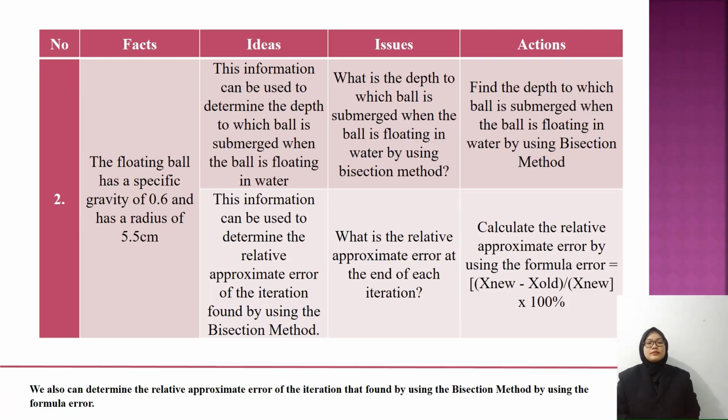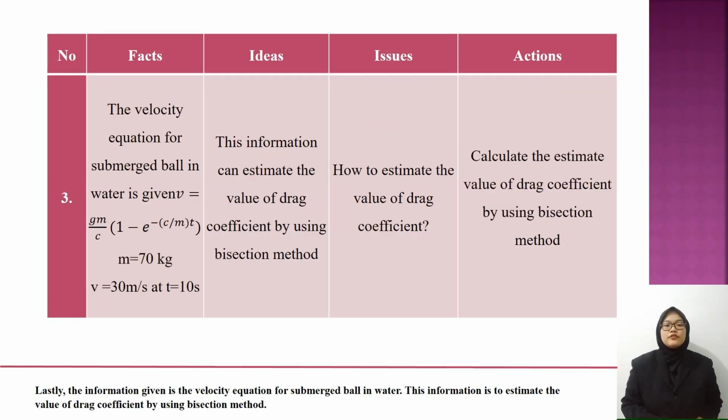We can also determine the relative approximate error of the iterations found by the bisection method by using the error formula. Lastly, the information given is the velocity equation for a submerged ball in water. This is to estimate the value of the drag coefficient by using the bisection method.